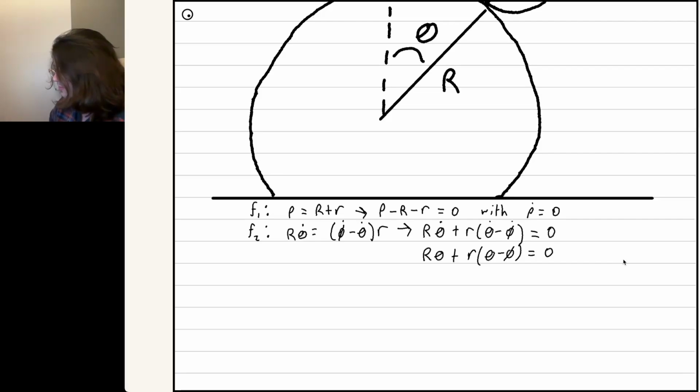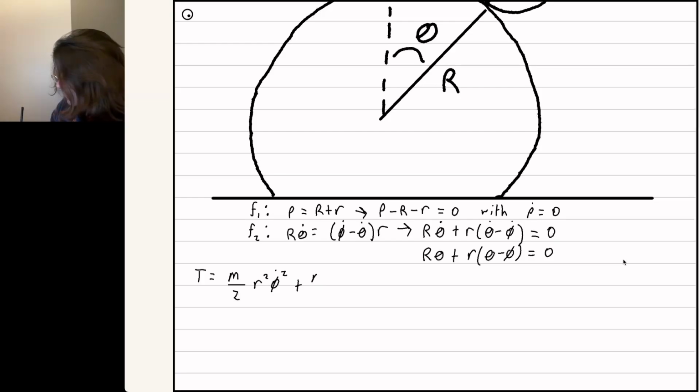Let's now do the Lagrangian. So kinetic energy, we're not going to apply any of the constraints until we've fully written the Lagrangian and solved the Euler-Lagrange equation with respect to each coordinate. So we have to write every kinetic energy term, which means there's going to be a rotational kinetic energy for the hoop, so m r squared phi dot squared.